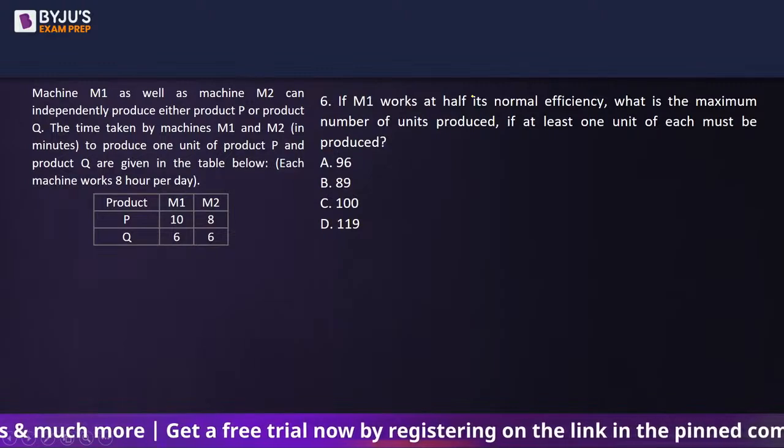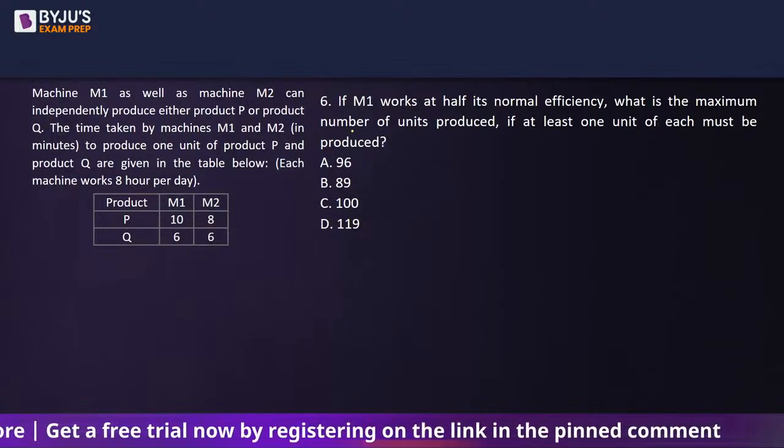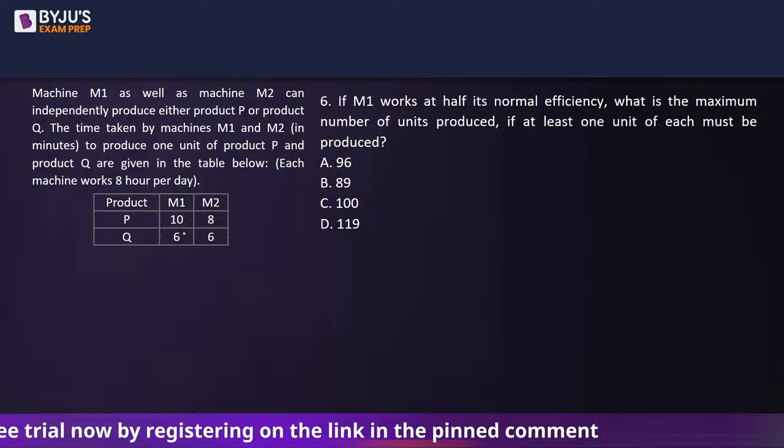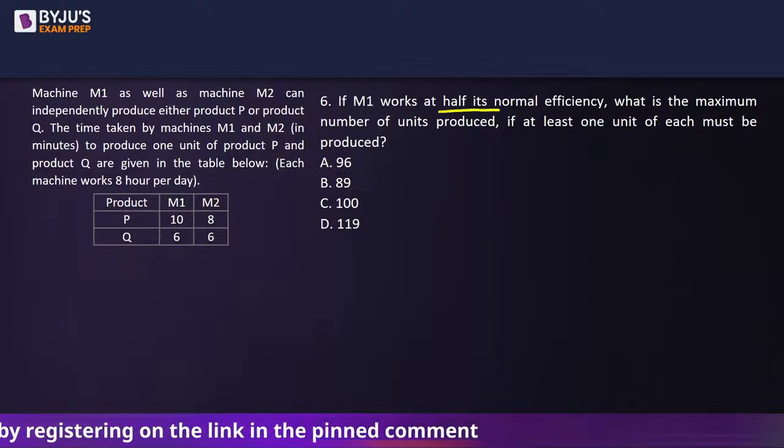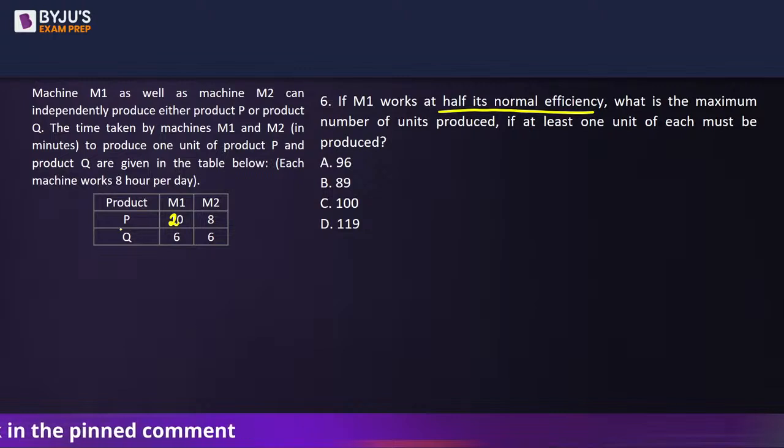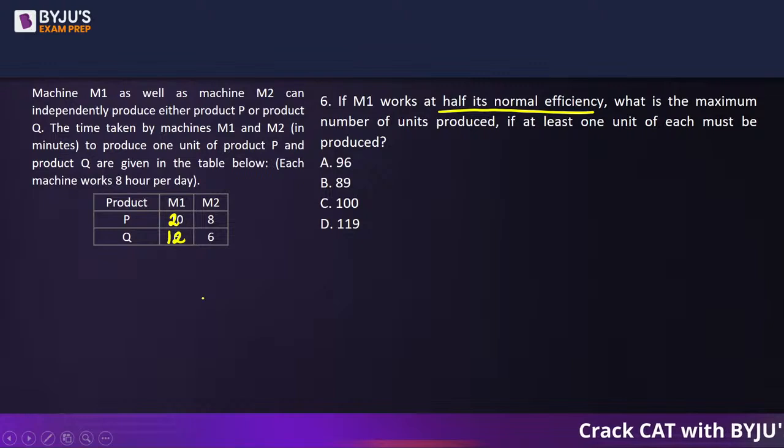Okay. Next, if M1 works at half its normal efficiency, so agar efficiency is half, that means M1 will now take 20 minutes to produce product P and it will take 12 minutes to produce product Q. यानी अब M1 जो है सबसे ज्यादा टाइम लगाएगा दोनों बनाने में.